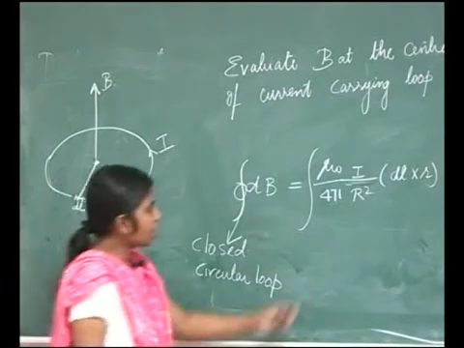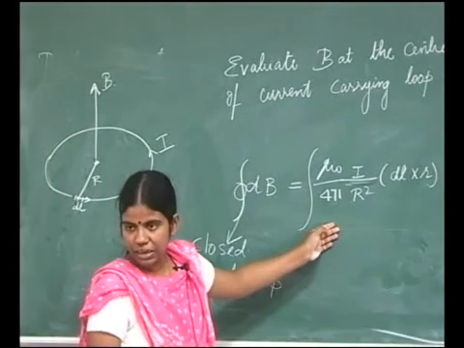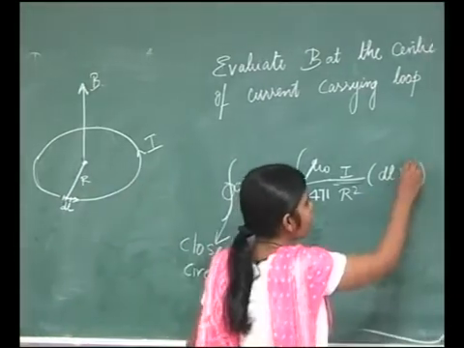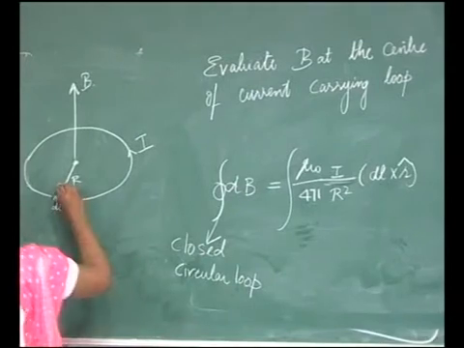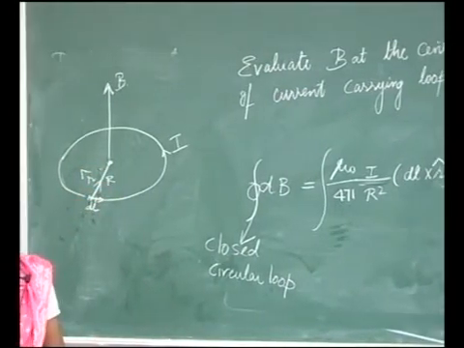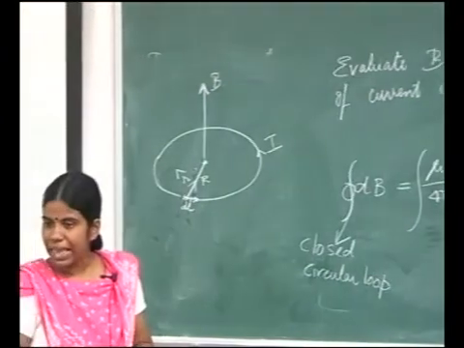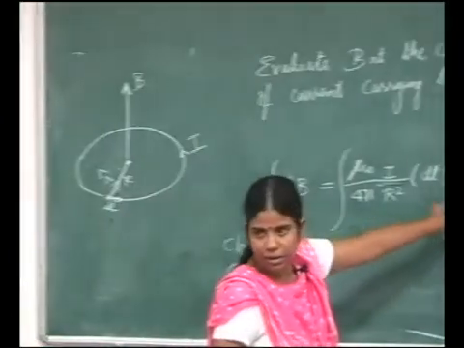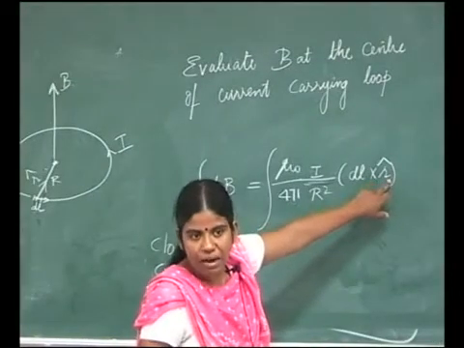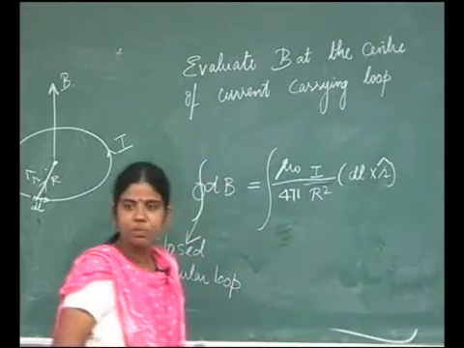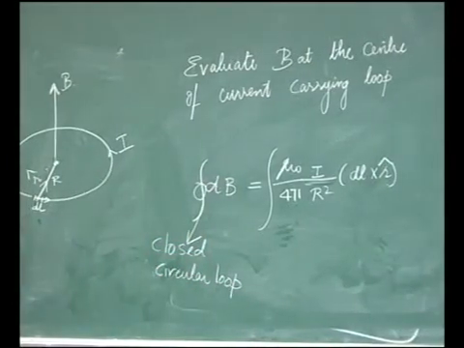Now I come to the right hand side of this expression. Here in dl cross r, r is the unit vector along this direction. So dl and r are always perpendicular. This is a cross product, and when dl and r are perpendicular, the cross product is simply the multiplication of the magnitudes of the two vectors.